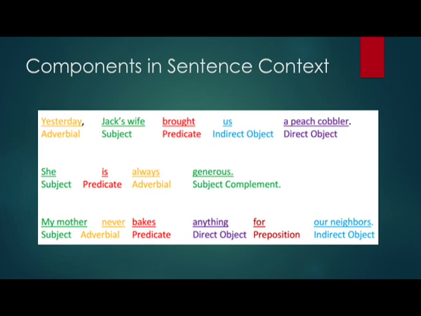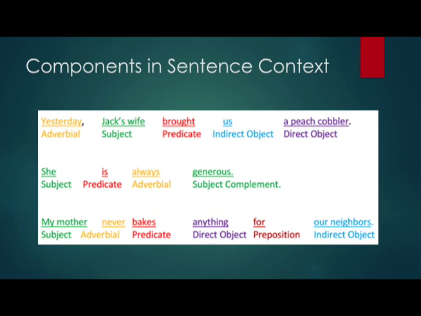What did Jack's wife do? She brought, that's the predicate, the verb. A peach cobbler: what did she bring? That is the direct object. And to whom did Jack's wife bring a peach cobbler? She brought it to us. So therefore "us" is the indirect object.